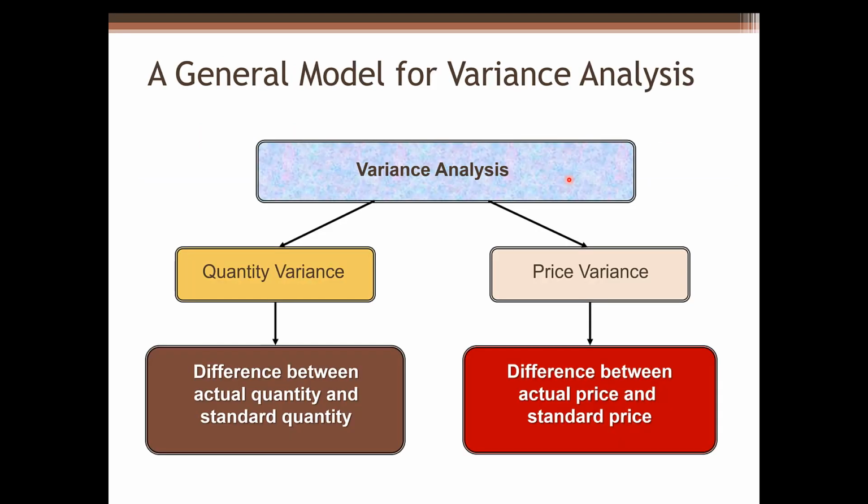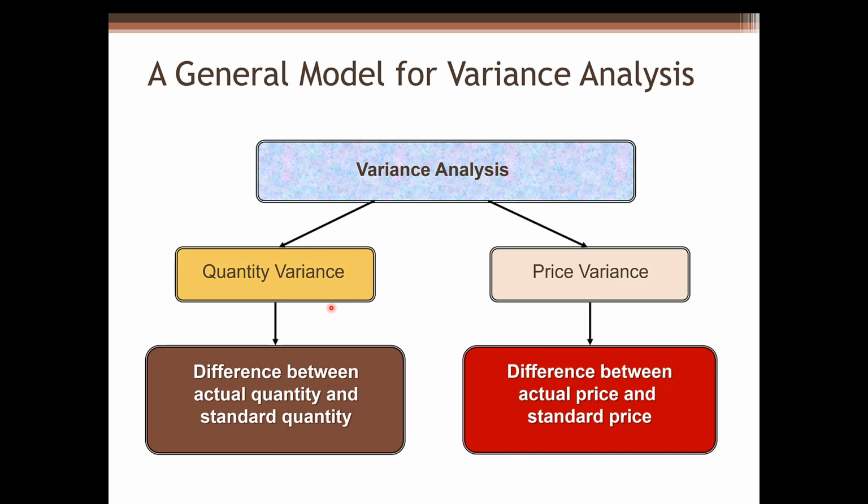In Chapter 9, we learned a spending variance is a difference between flexible budget cost, which is how much a cost should have been given the actual level of activity, and the actual amount of a cost. Now, we can decompose spending variances into two types of variances: quantity variance and price variance.